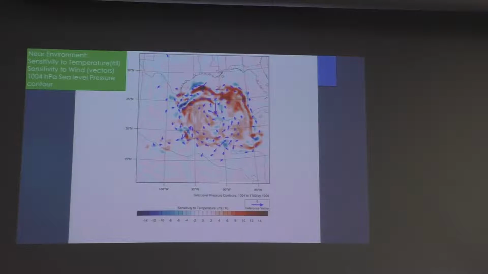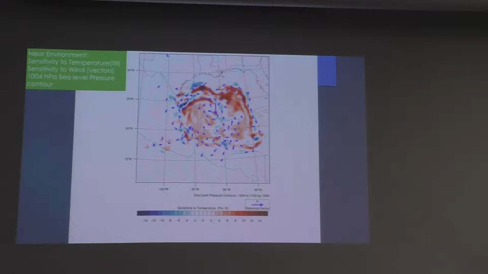So we're going to just zoom into there. So how to interpret these sensitivities? Essentially, if I were to perturb a positive sensitivity with a positive perturbation, I would expect to see a more intense cyclone at the final time. So if I were to make it warmer to the northeast of the cyclone center, I would expect a more intense cyclone at the final time.